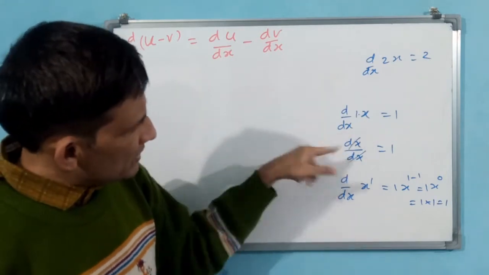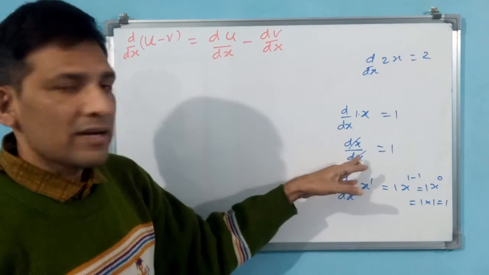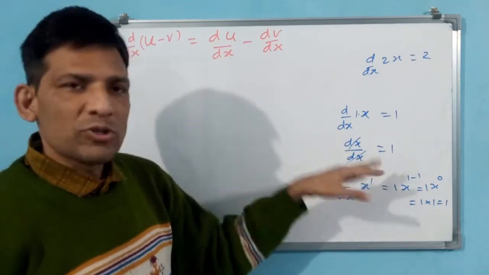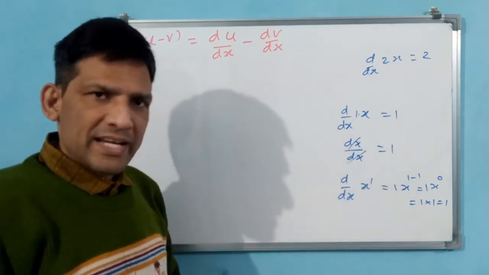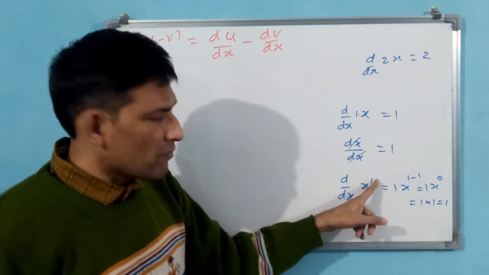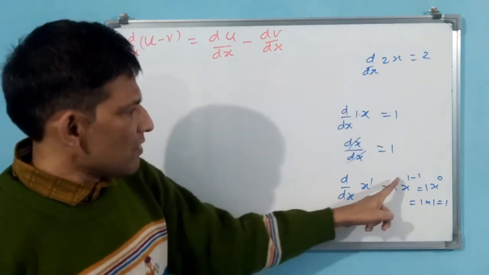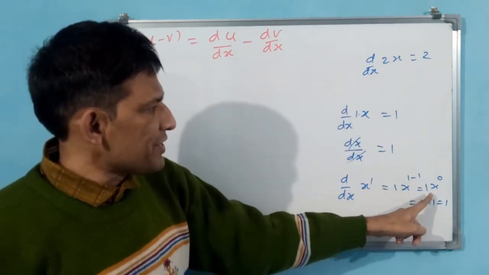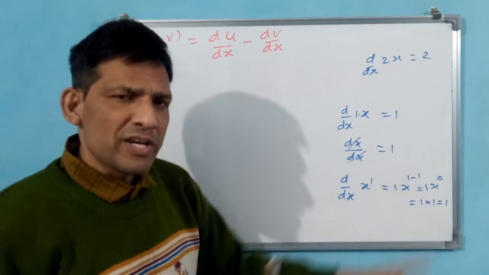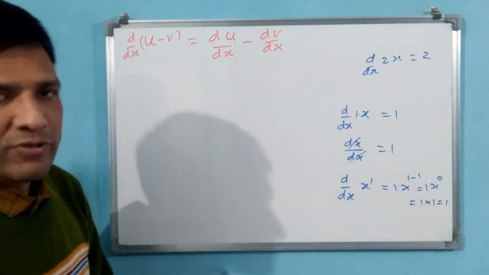Or else directly you can write dx by dx is equal to 1. Why? Because both dx's are going to get cancelled. Or else you can take d by dx of x power 1. Now what you are writing? n into x power n minus 1. 1 into x power 1 minus 1, 1 into x power 0. Any power 0 is 1. 1 into 1 is equal to 1. In 3 ways we can write this.